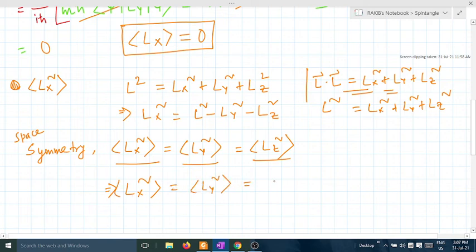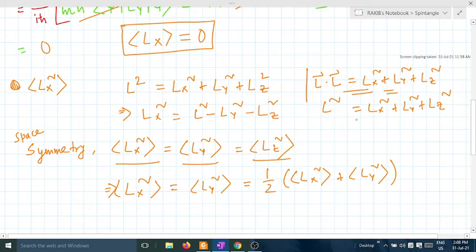is equal to Ly square is equal to half into Lx square plus Ly square. We can write it because these are operators. Okay, let me write it clearly: Lx square operator plus Ly square operator. These are the expectation values.